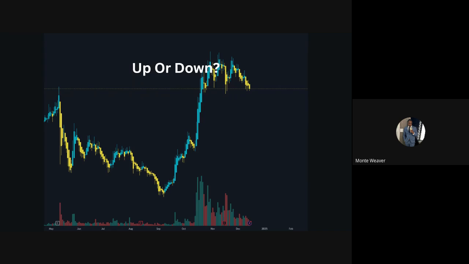So let me tell you guys a secret. All of you are correct. You have to know the relative time frame that you're looking at. Look at the bottom. It goes all the way back from May, June, July, August, September, October, right? So this stock has been in the uptrend since September.